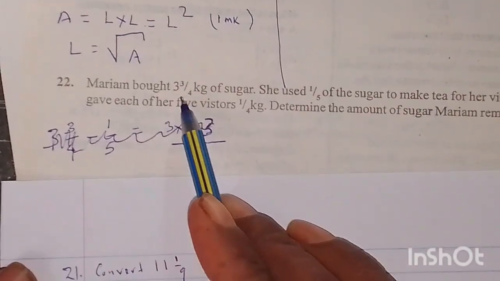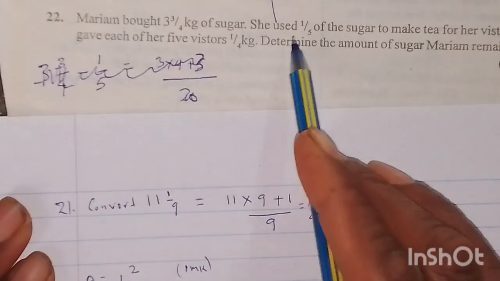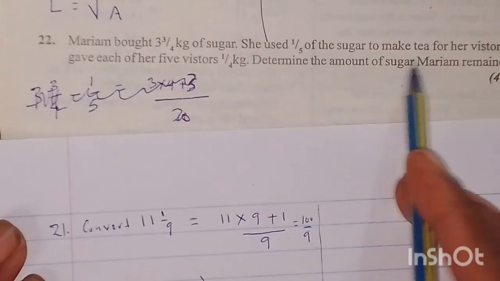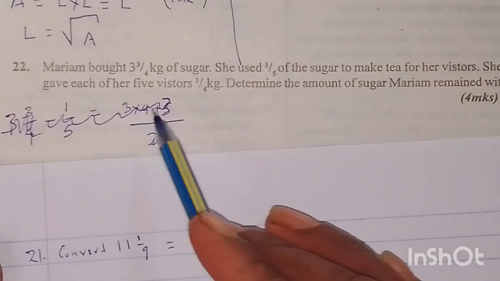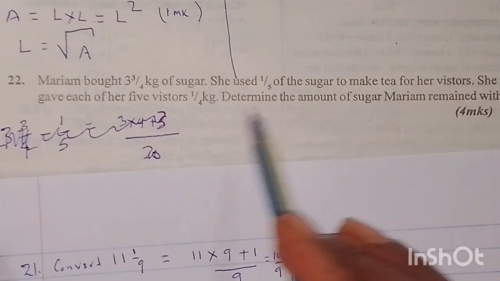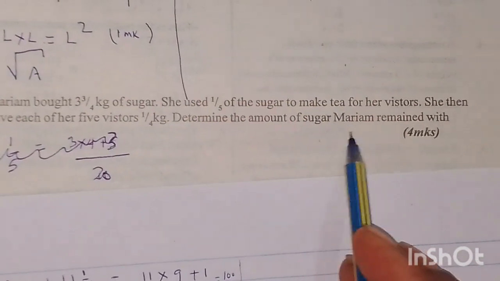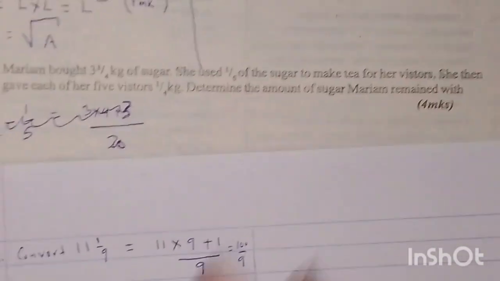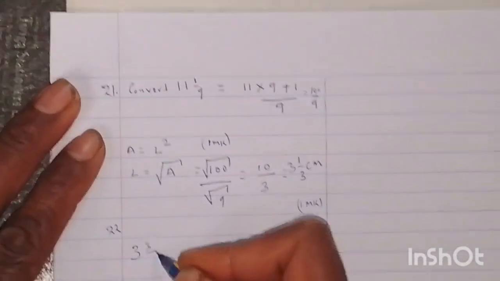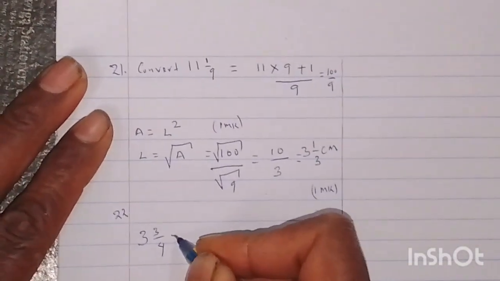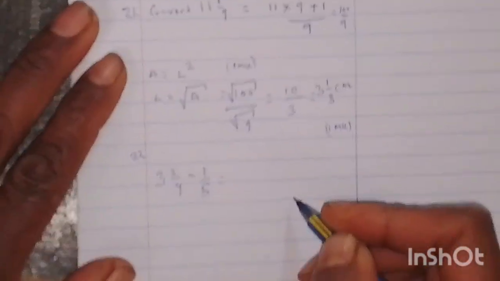Mariamu bought 3 3/4 kgs of sugar. She used 1/5 of the sugar to make tea for her visitors. She then gave each of her 5 visitors 1/4 kilograms. Determine the amount of sugar Mariamu remained with. 4 marks. So what we need to do is that she bought 3 and 3/4, and then she used 1/5, so that we find the amount of sugar she remained with.